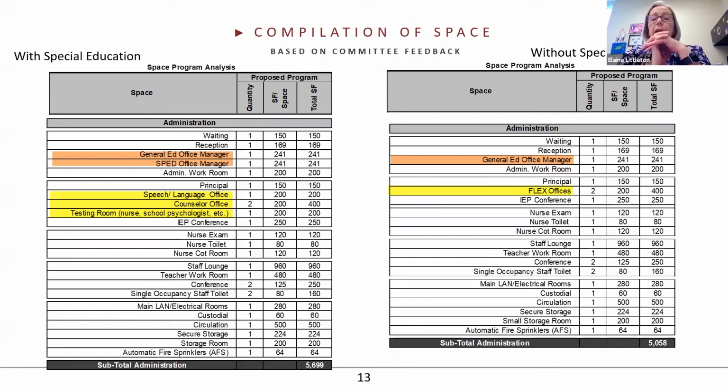So it does need to be a fairly large space. I measured my current office and it's about 15 by 15. So this is just slightly above that. 15 by 15 would be 225, and 16 by 16 is 256.